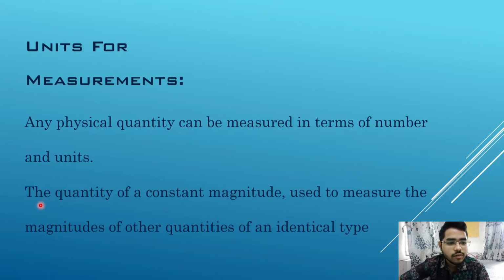Now the definition of unit is the quantity of constant magnitude used to measure the magnitudes of other quantities of an identical type. So for meter, we can compare with other dimensions such as kilometer, etc., for the calculation purposes. This is basically a unit. We have to convert from meter to kilometer, kilometer to any other dimensions. So next, let's turn to the next slide.